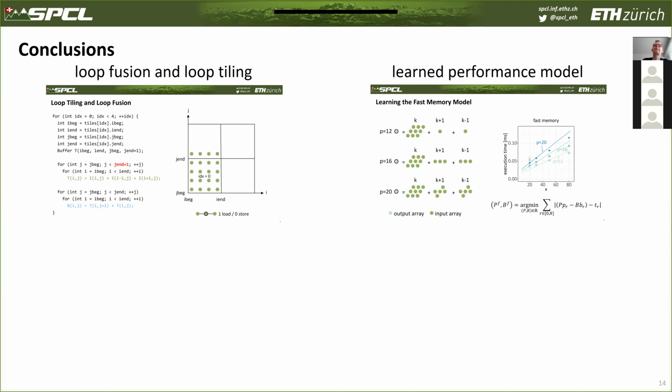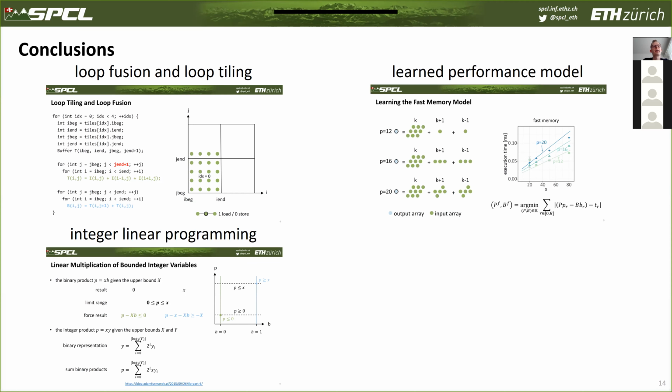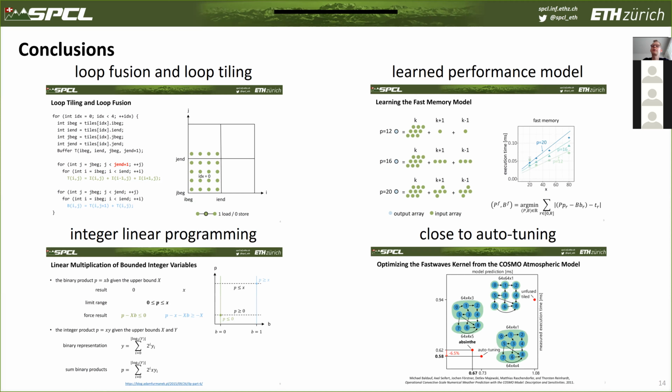Absinthe learns a simple, linear performance model, and then uses an ILP solver to select good code transformations. And we showed that for our benchmarks, we're close to auto-tuning, so within 10%.